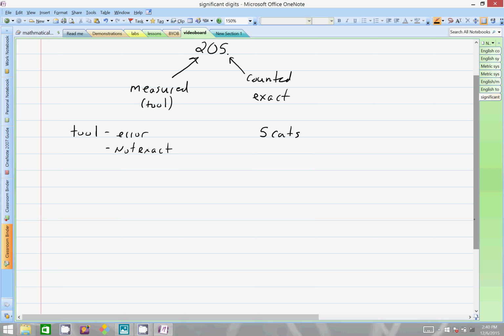One way that I would describe this is that if you have a number, let's say 205, any number for that matter, your tool is kind of like an eyeball looking down this number, and the farther we look, the more accurate the value is.